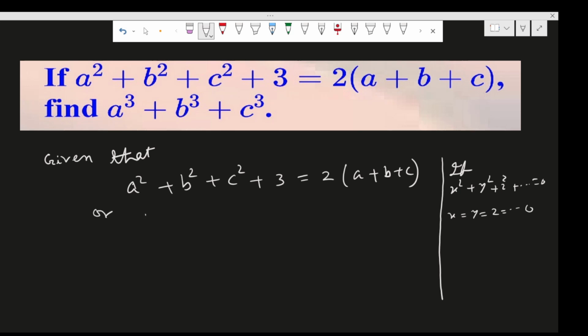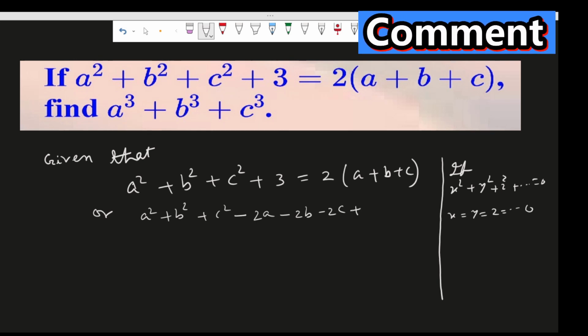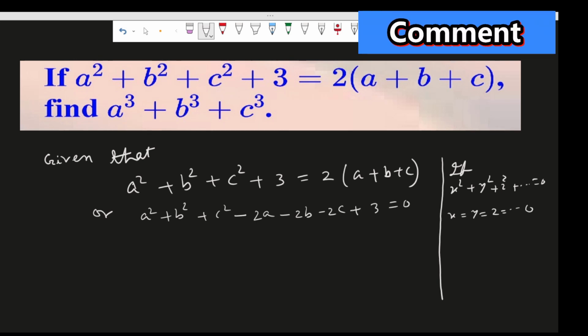We have a square plus b square plus c square plus 3 equals 2a plus 2b plus 2c. Transposing the right hand side to the left: a square plus b square plus c square plus 3 minus 2a minus 2b minus 2c is equal to 0.